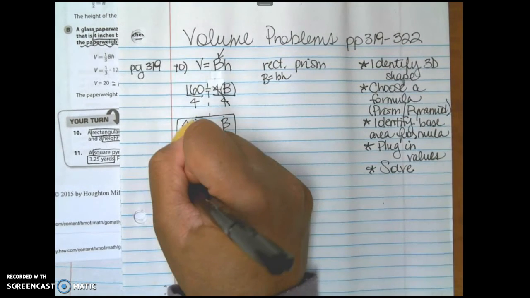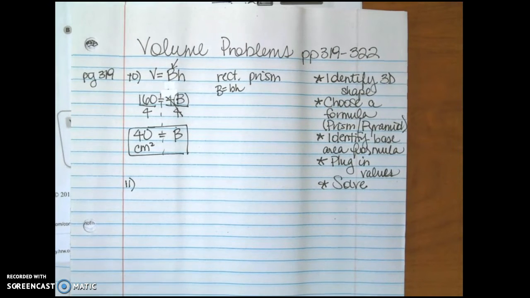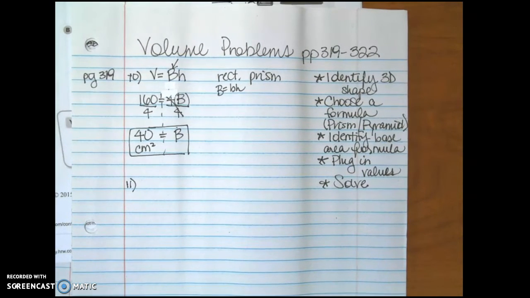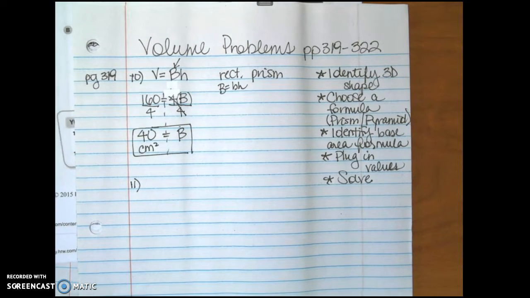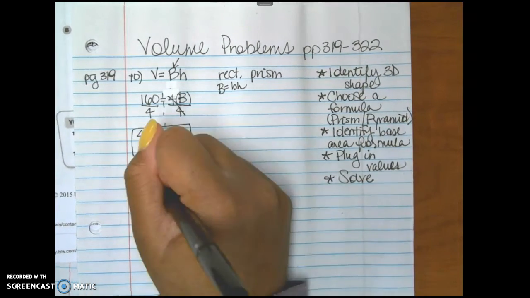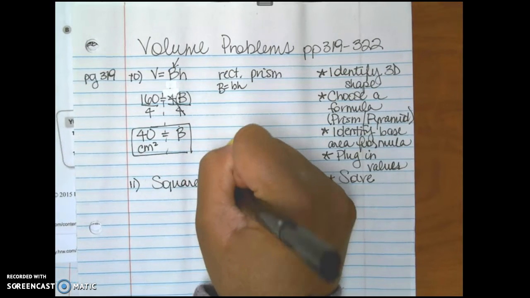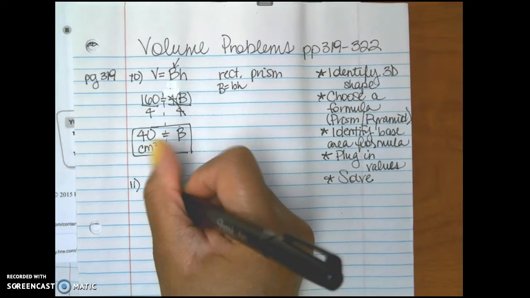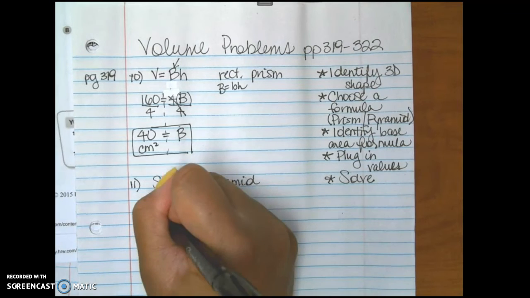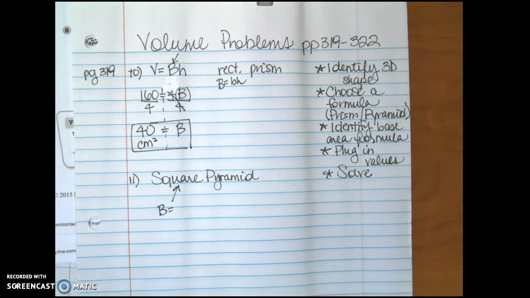Number 11. What's the first step? The 3D shape is a what? Square pyramid. It's still a rectangular pyramid too, because a square is a rectangle. So if I'm trying to find the area of a square, what is my formula for that?